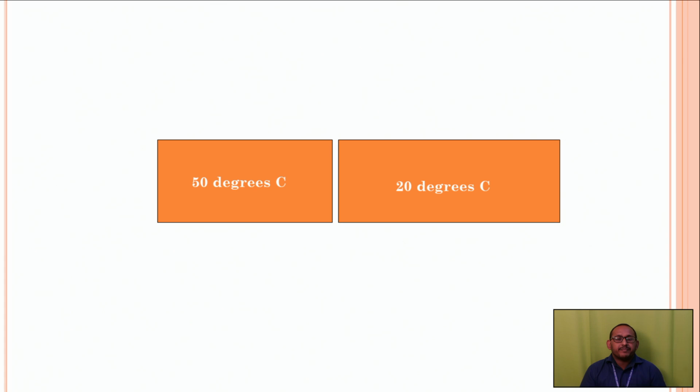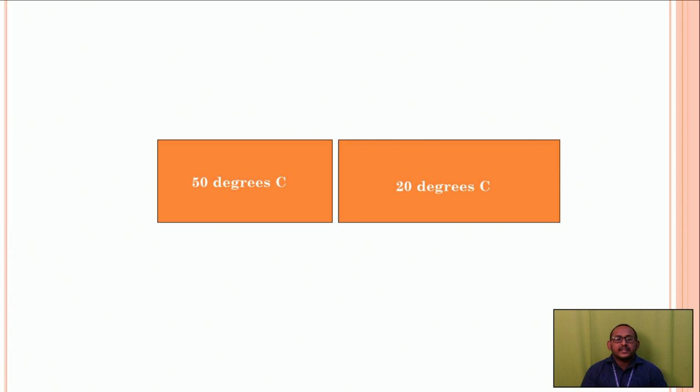I will show you a graphical illustration of how heat transfers from one region to another, or from one object to another. Here, 50 degrees Celsius is a hot object, and 20 degrees Celsius is a cold object, that is, it has a lower temperature than 50 degrees Celsius.